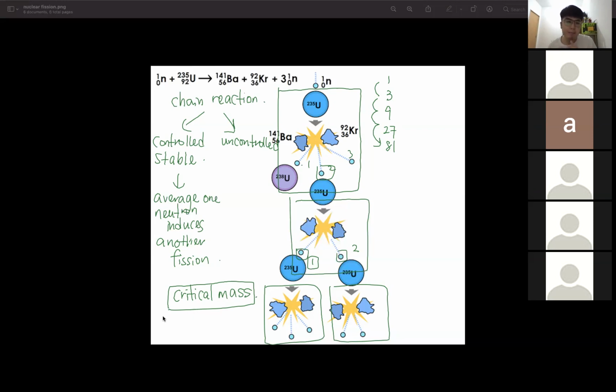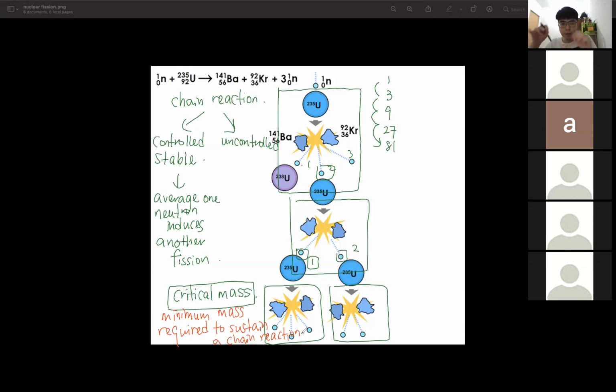Critical mass is the minimum mass required to sustain a chain reaction.